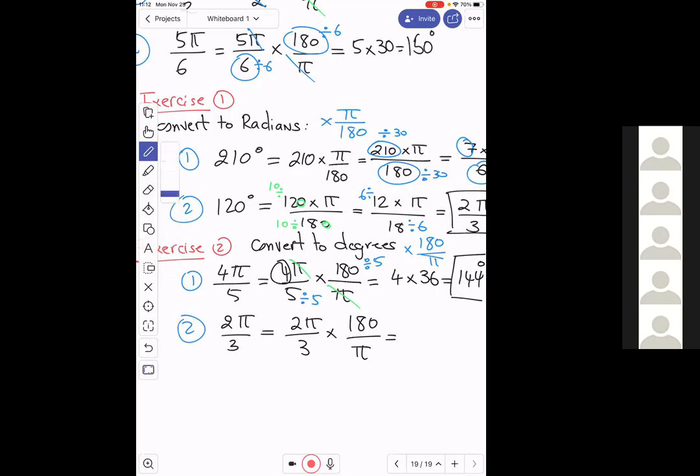Now, 2 times 180 over 3 is 360 over 3. Then you divide 360 by 3, and that will be 120.